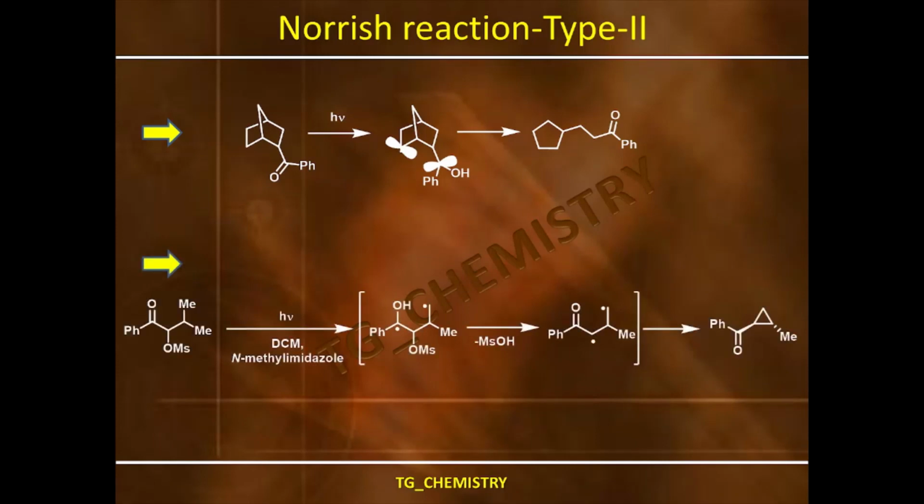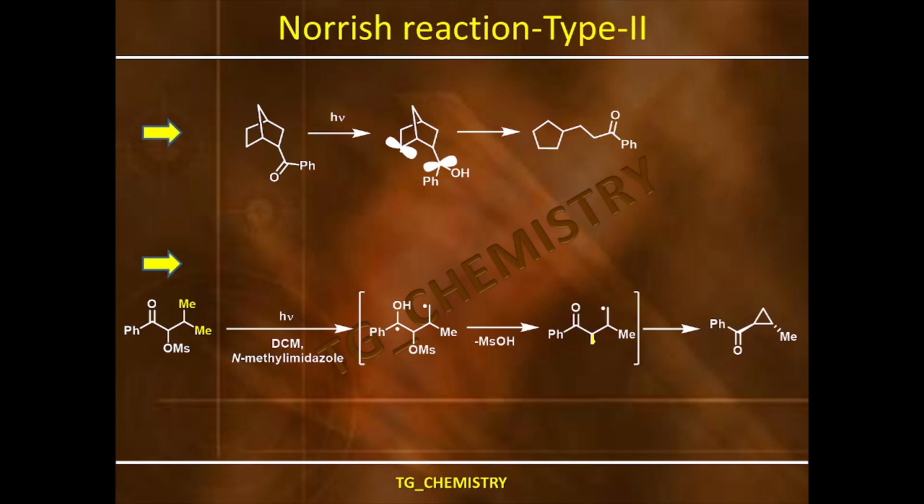This is another important example of Norrish Type 2 reaction where phenyl 2-butenyl methane sulfonate is the substrate, with terminal methyl groups as well. Upon this Norrish Type 2 reaction, gamma hydrogen abstraction from this methyl group eventually leads to the alcohol and this 1,4-biradical, and the elimination of methane sulfonic acid will lead to the formation of the carbonyl or keto group and the 1,3-biradical system.